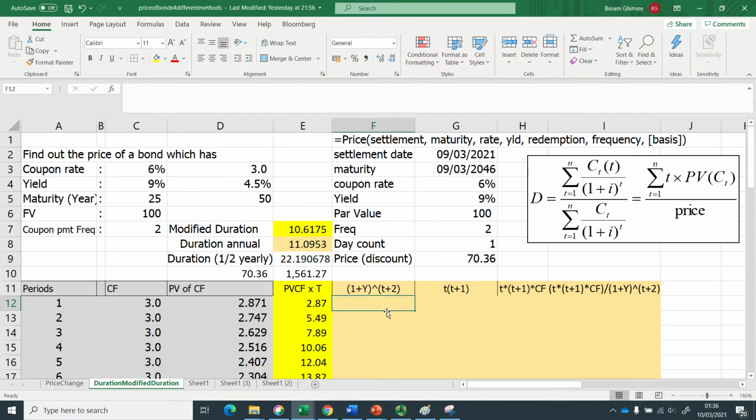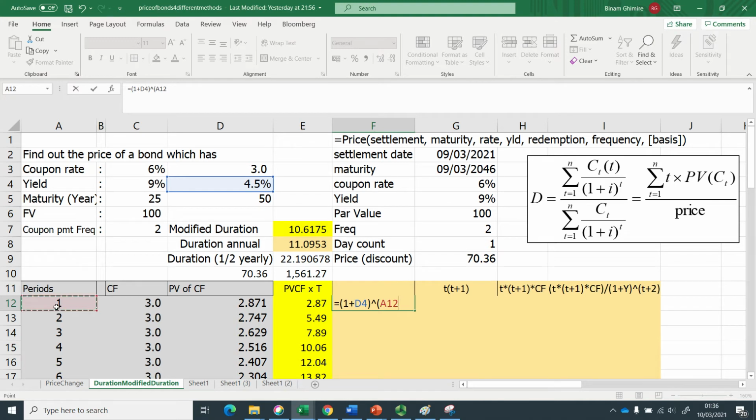Here 1 plus y is what we can see. So 1 plus y is our yield, that's it here. And then what we need after that is the power t plus 2.